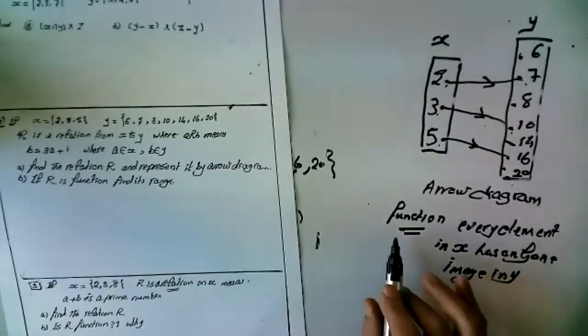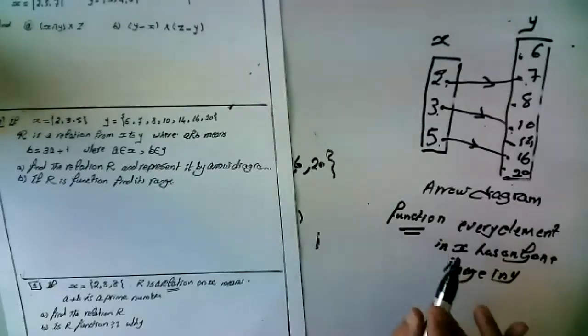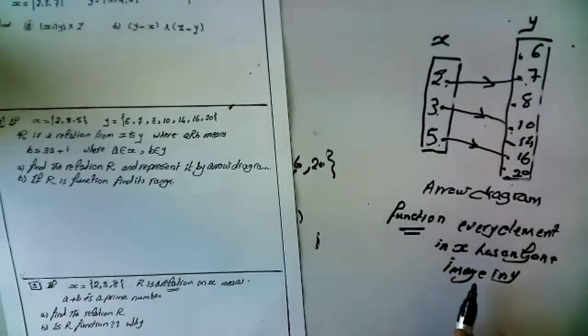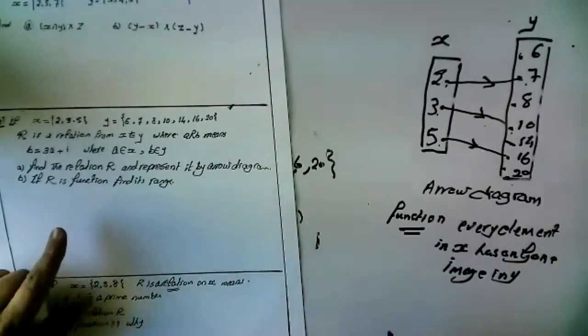Okay. The relation between the elements of the set X and Y is said to be a function because every element in the set X has only one image. Find the range.